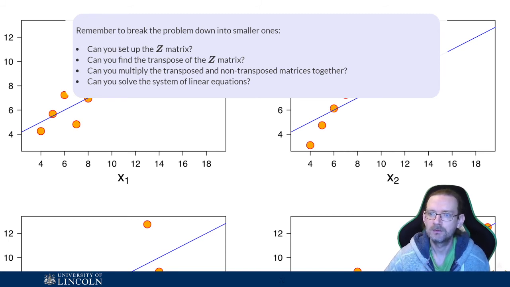I'll provide examples later on, and perhaps in Friday's class work through exactly a worked example of this. So find the transpose, then you multiply the transpose and non-transpose together, and you multiply the transpose matrix with the vector of observed values, and then you solve the system of equations.